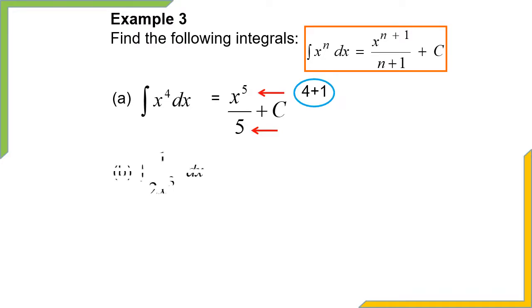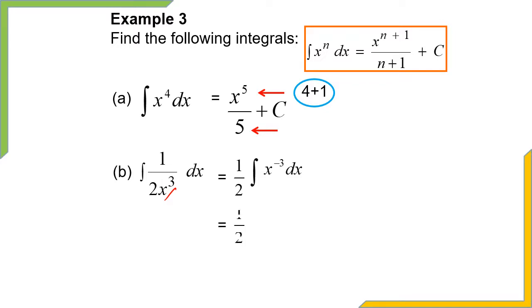And the second one, the integration of 1 over 2x cubed dx. Now we have 1 over, but this x cubed can be written in index form as x to the power of negative 3. So x to the power of negative 3 is not negative 1, so we can integrate by using the power rule. So what is the result?